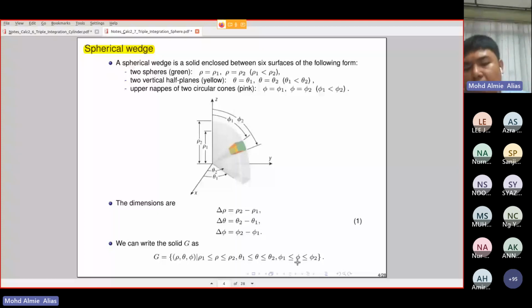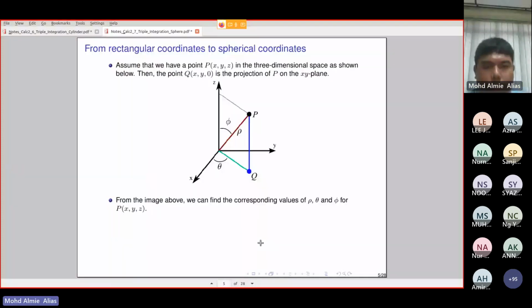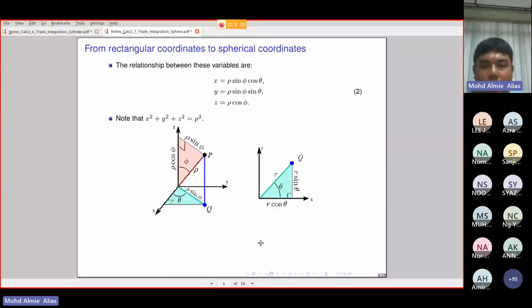Sometimes I write it in a different order, theta first, followed by rho and phi. So we discussed this just now.